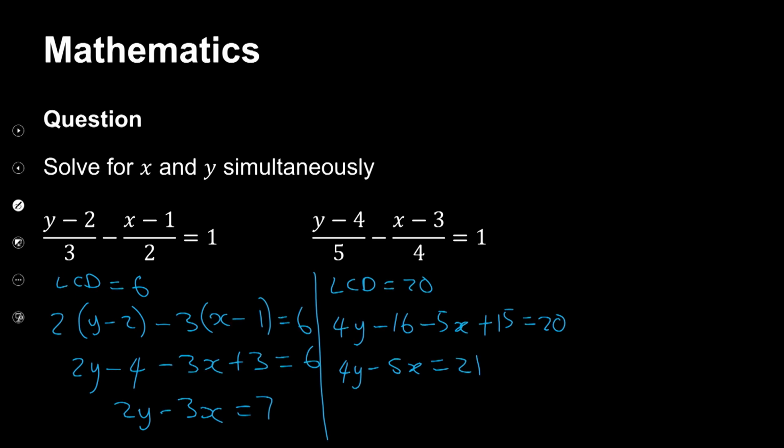So now you can see I have two variables, but both of them cannot be cancelled if I use my elimination method, so I must first change them. So I'm just going to quickly write them in the new slide here. So this is 2y minus 3x equals to 7.